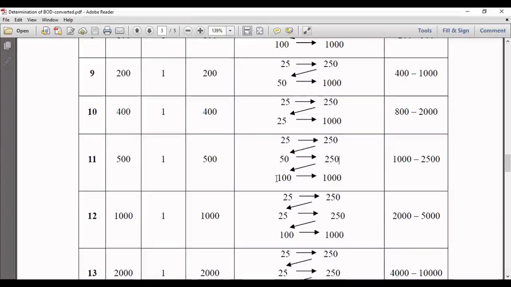And lastly it is 1000 divided by 100, which is again 10. So 10 into 5 is 50, and 50 into 10 is nothing but your 500. The corresponding range is given here. 500 into 2 is 1000, and 500 into 5 is 2500, right?